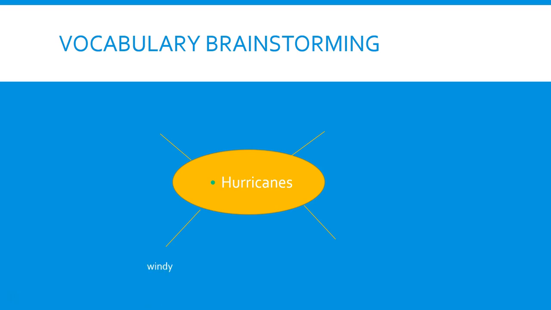You can ask them to fill in this word web: what are some words that are associated with hurricanes? It's windy. It's a storm. There's rain associated with hurricanes, thunder, and I'm sure you can come up with several more when you're working with students. But this helps students think more deeply about words and see connections between different words and how they fit together.